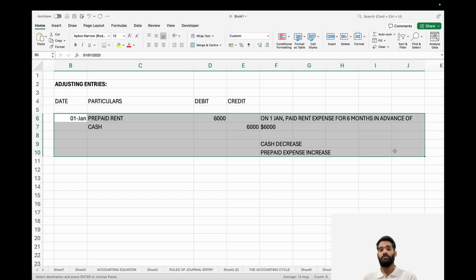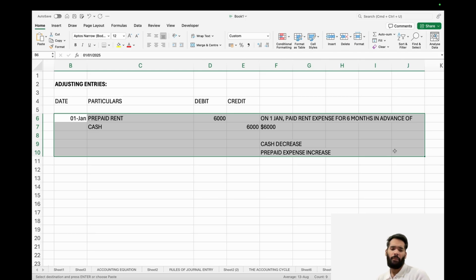Okay, now you have to understand another thing, that at the end of each accounting period, the company has to prepare financial statements, right? And they come from, obviously, the journal entries and the trial balance that you've already prepared. So here, when we talk about prepaid rent, let's assume I record this and I don't do anything else. I just recorded the money I paid in advance as prepaid rent asset.